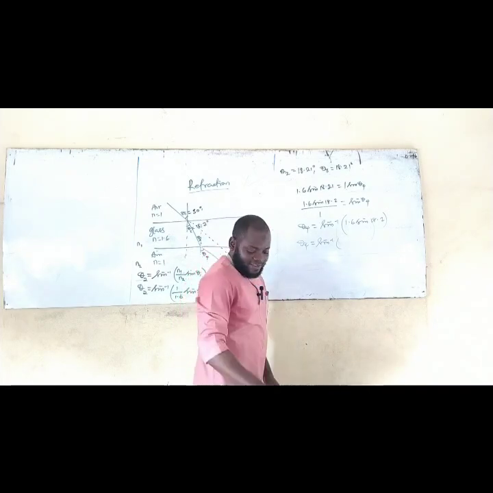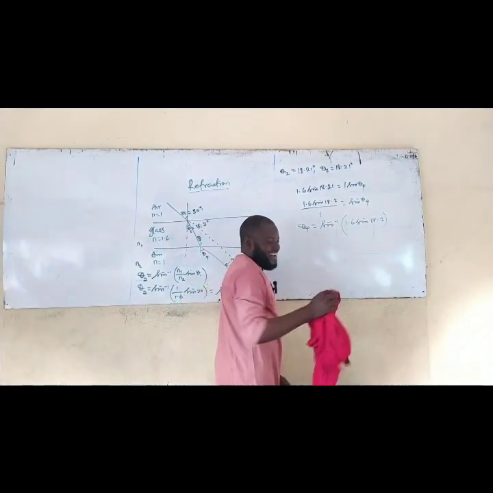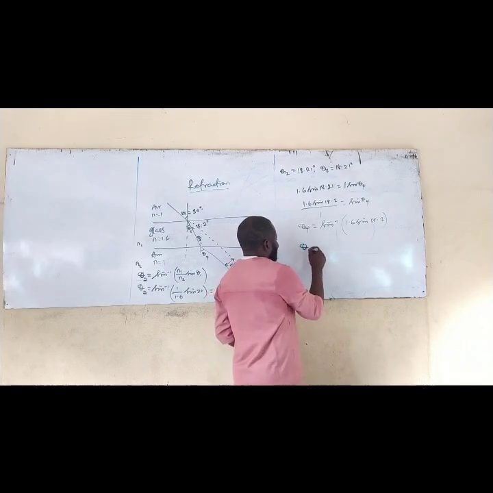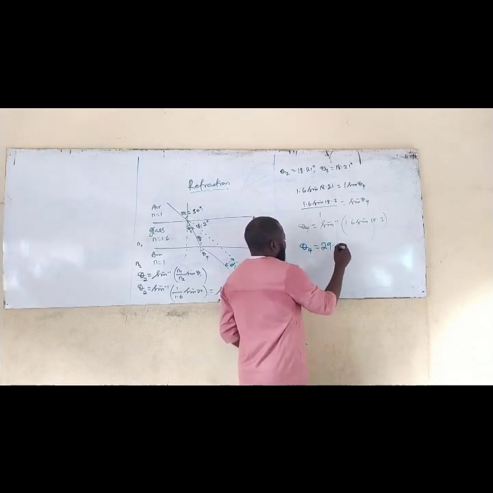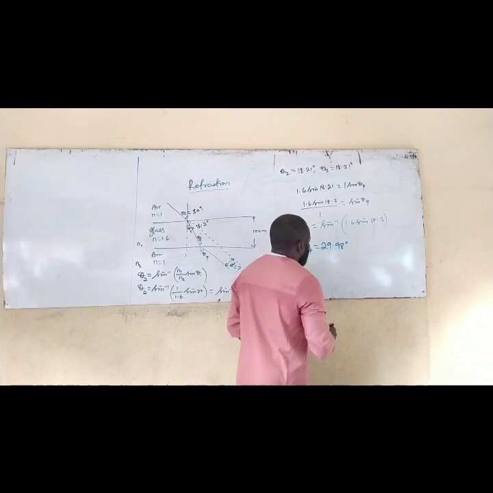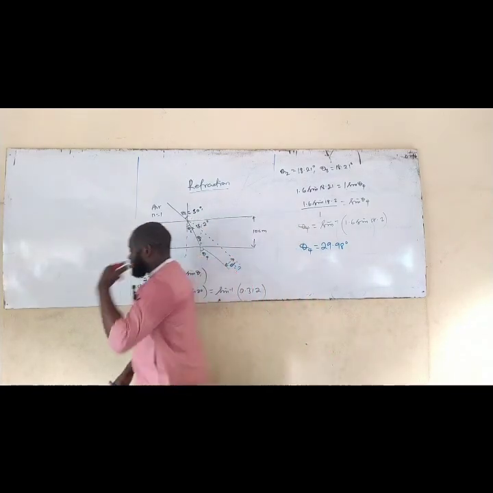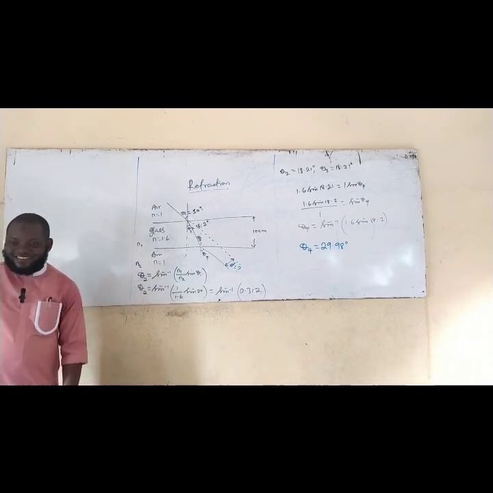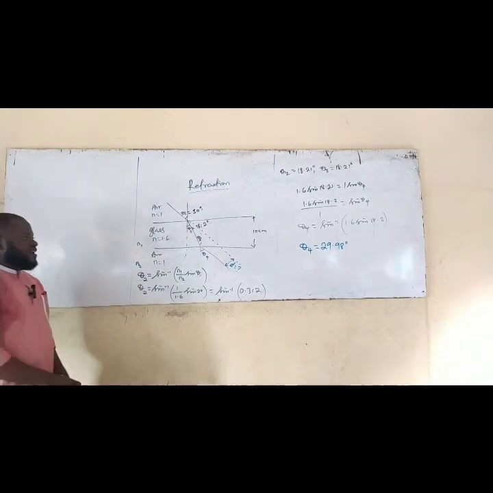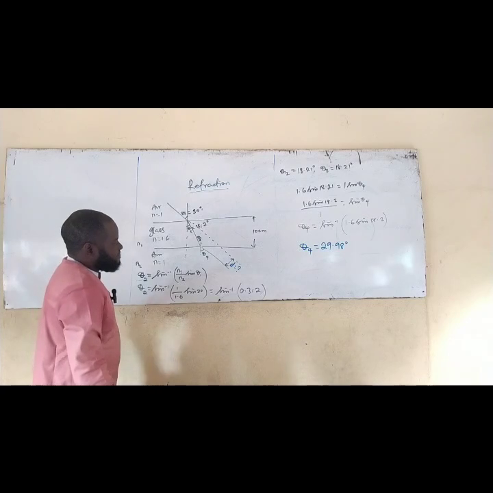Okay, so I should not stress myself. What's the final answer? 29.98 degrees. It's dangerous to approximate when you have not arrived at the final answer. Be careful. Are you sure of what you've gotten?